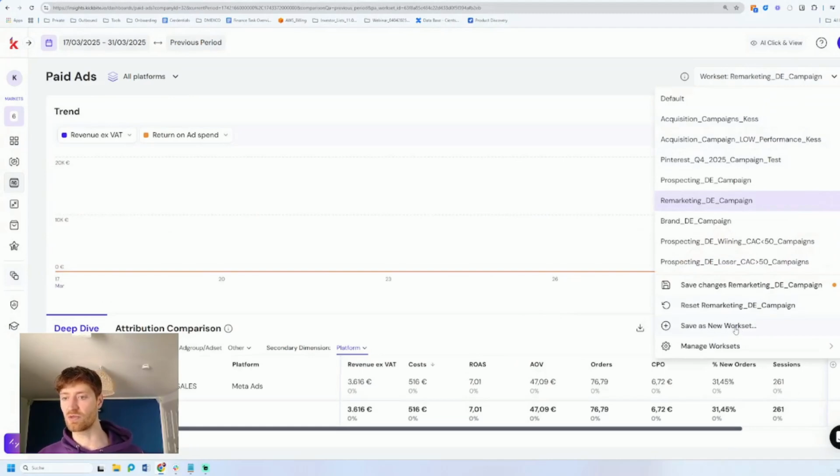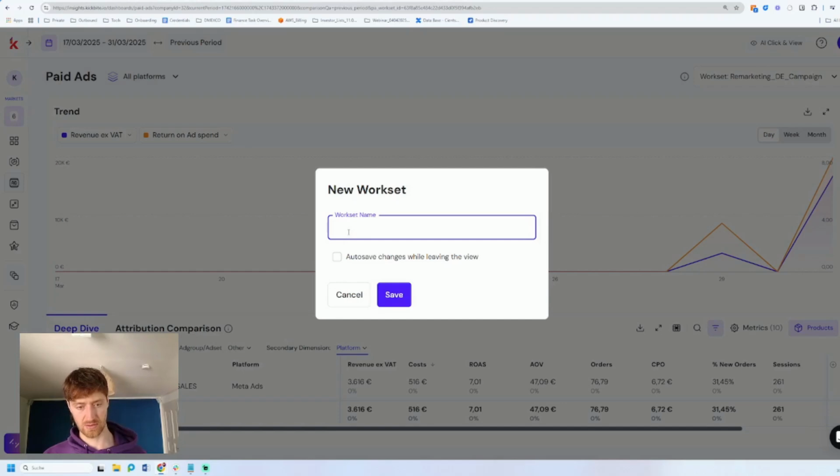Save as new work set. Remarketing DE winning, ROAS greater than 3.